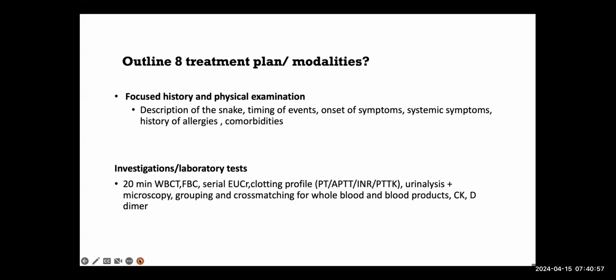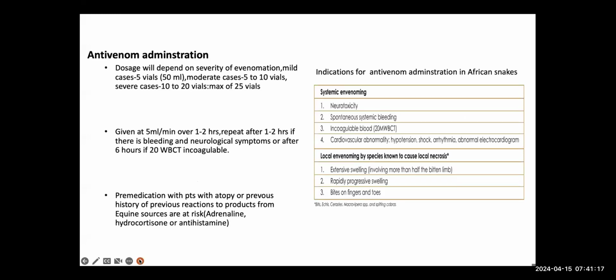You also want to do grouping and cross-matching for whole blood, preferably, or if you don't have whole blood, packed cells and other products, which include FFP and platelet concentrates. You also want to do a creatine kinase, which is markedly elevated in snake bites, and a D-dimer.